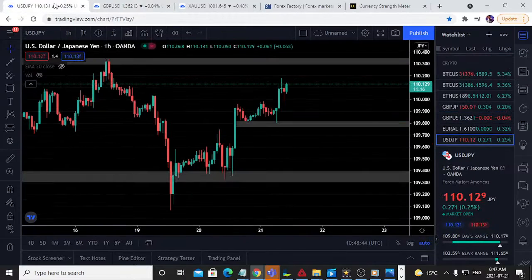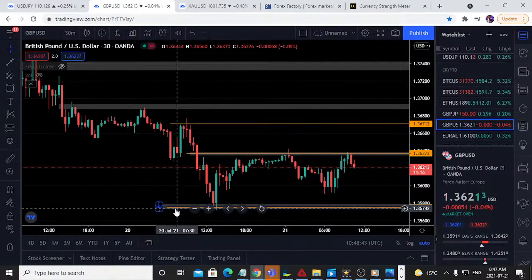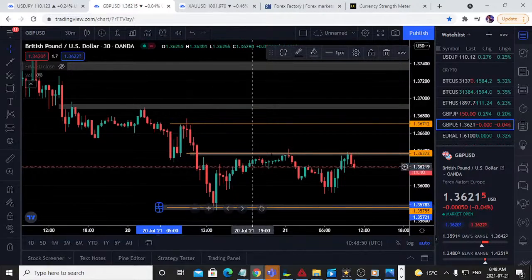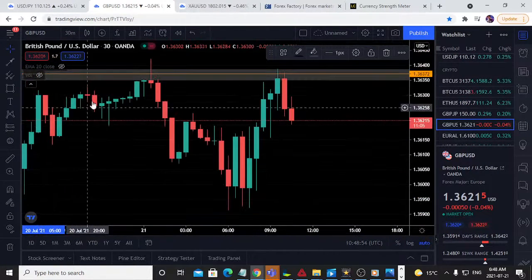So that's something that I don't want. I would much rather take sells below this level and buys above this level. So that's what I'm currently waiting on.